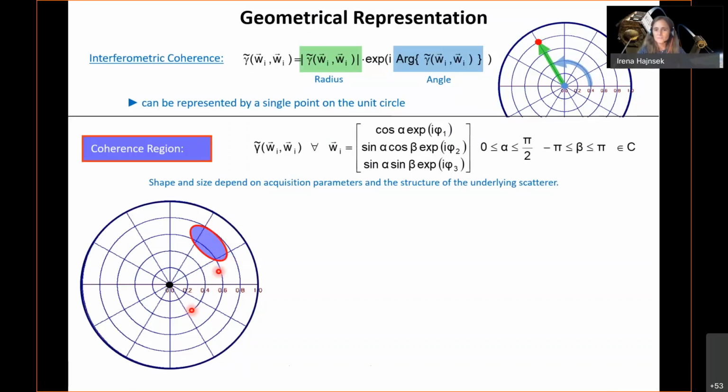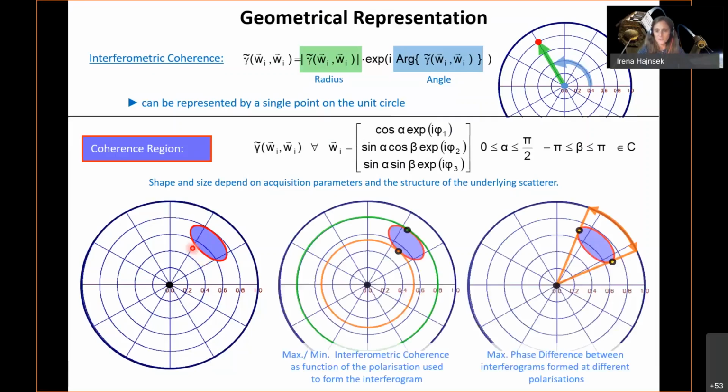And the region means that the distribution of this specific feature in this region of interest is in principle showing a specific characterization. So the coherence region shows a specific characteristic for a specific feature of a specific polarization diversity.